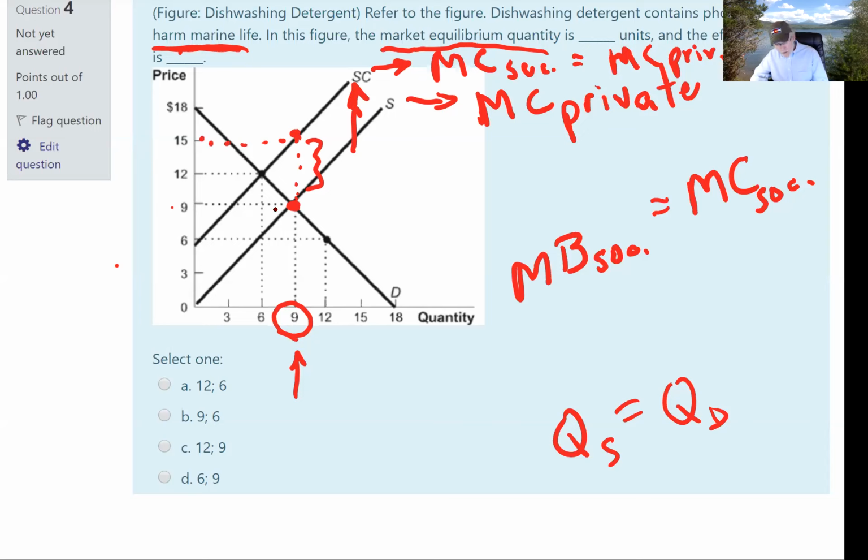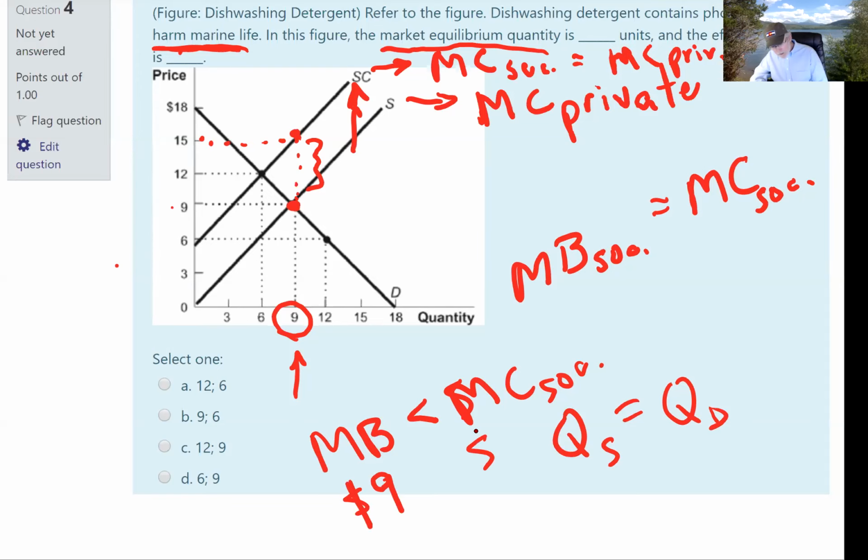The benefit of consumers getting to enjoy that was only $9. So the 9th unit has a benefit that is a lot less than the cost, thinking in social terms. The benefit of that last unit is $9. The cost of that last unit was $15.